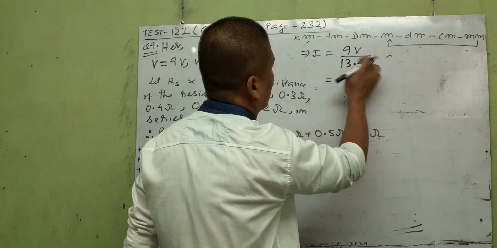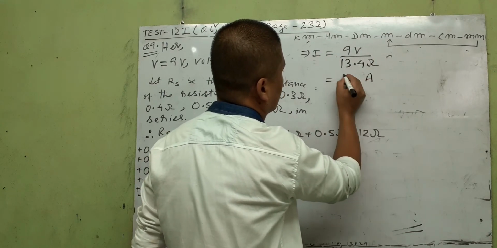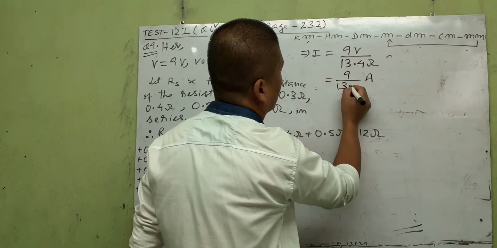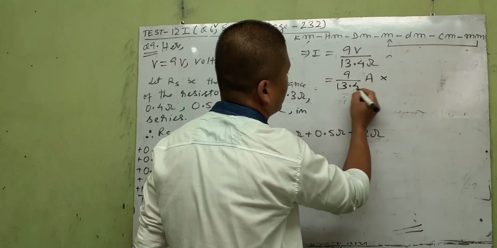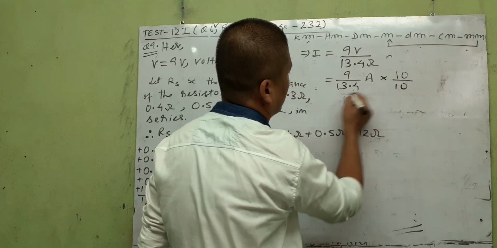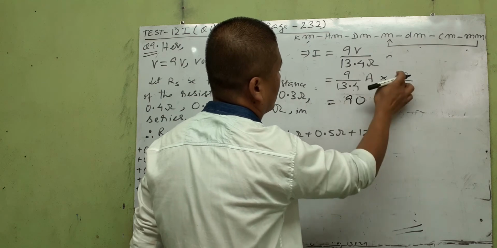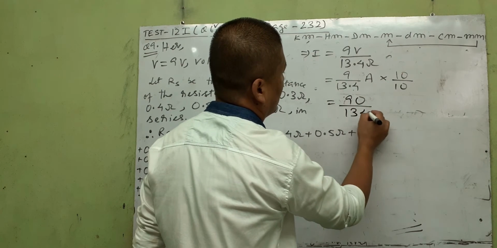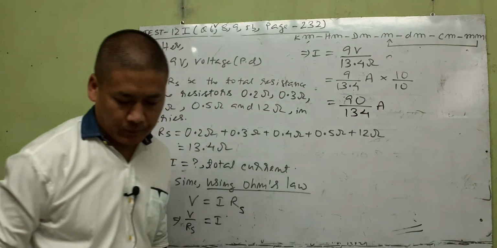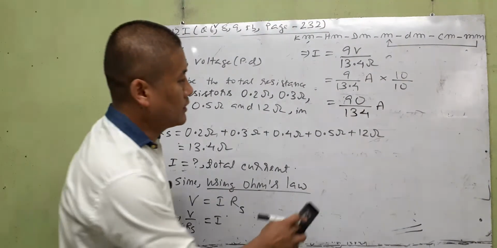The SI unit of current is ampere. So 9 divided by 13.4 ampere. To remove this decimal, one place, multiply 10 up and down. I'm going to get 90 by 134, no more decimal, this much ampere.